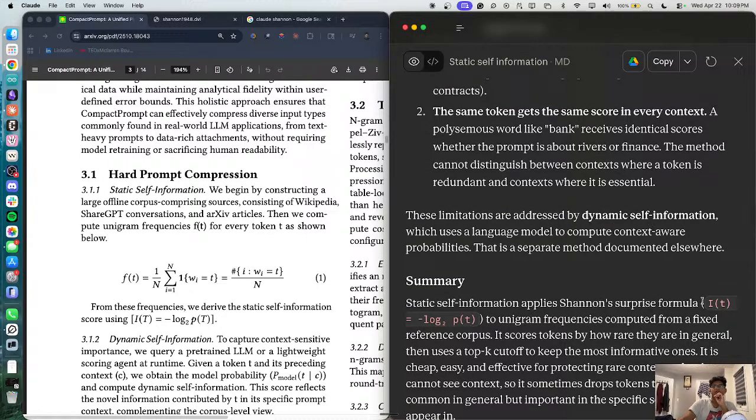Let's see here what Claude has cooked up for us. Okay, great. So this is the surprise formula itself. Awesome. So I was wondering, what exactly is this formula called? It is the surprise formula. Great. That makes sense.